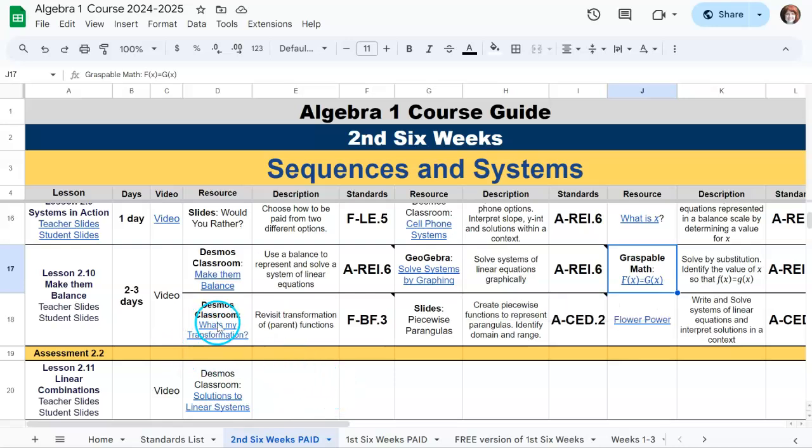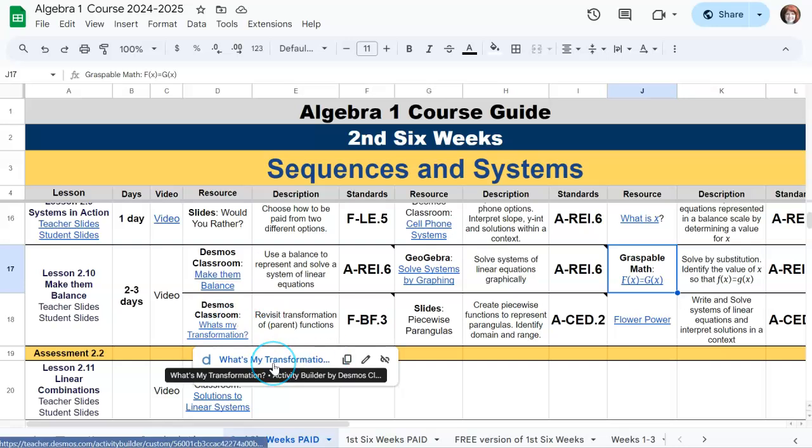And then we're going to go back to another Desmos activity, and really it's an unrelated thing, but since the assessment is coming next, I typically throw in something that's not necessarily on topic right before, just to go back and practice something they've learned in the past, and that's what this is. So what's my transformation?